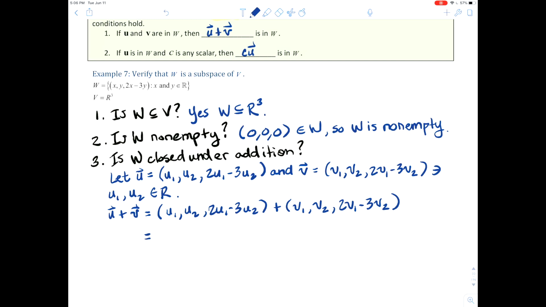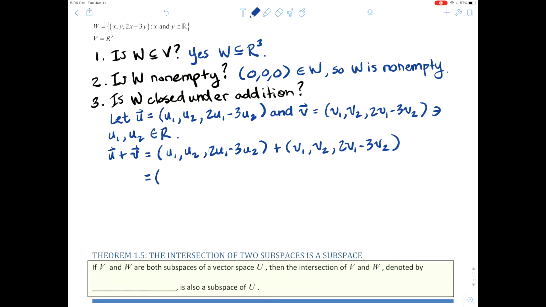Now we want to get this into one happy vector, and this will be U1 plus V1, comma, 2U1 minus 3U2 plus 2V1 minus 3V2.